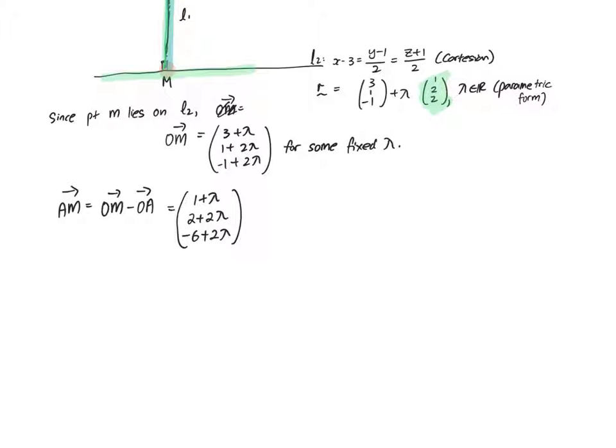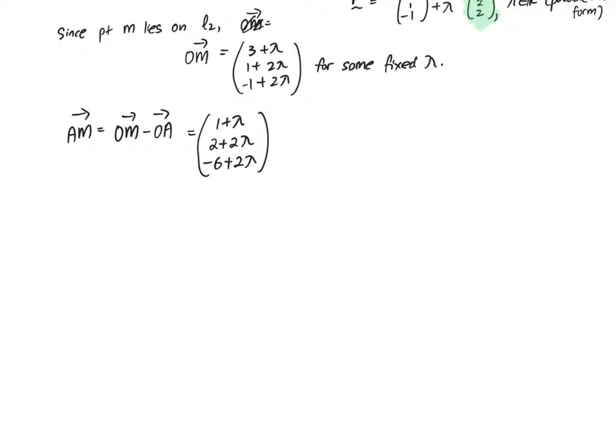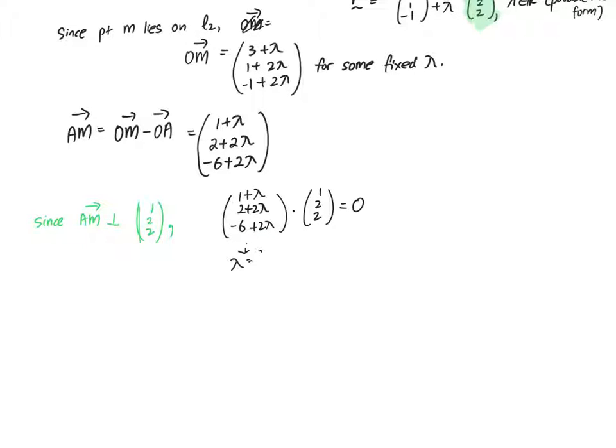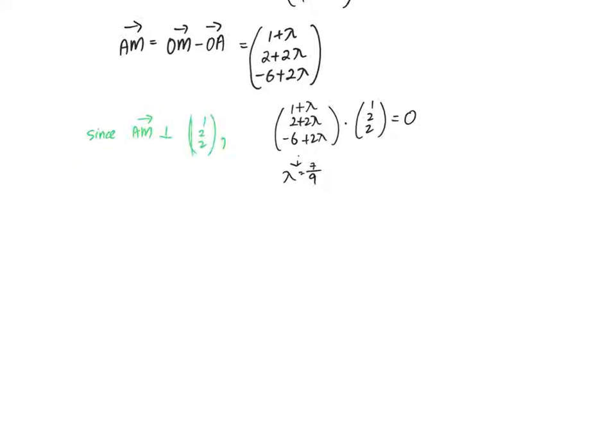Since AM is perpendicular to the direction vector of the line, which is (1, 2, 2), if we dot product the two, it's going to give us 0. And what you do next is just solving for lambda. You obtain lambda to be 7 over 9.